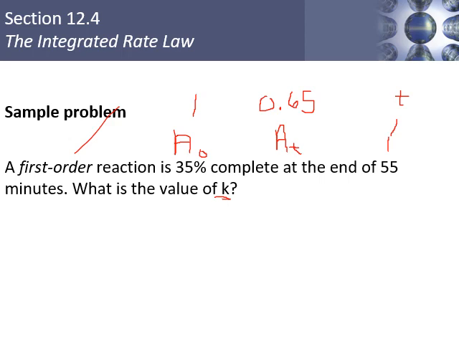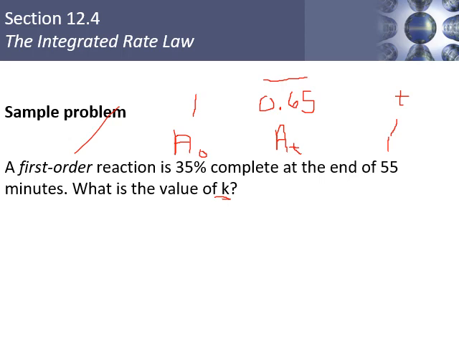But I'm just going to tell you what the rate law is. It's the logarithm of A sub t. In this case, it would be 0.65 moles per liter for A sub t, but we're just going to call that 0.65 because you can't take the logarithm of units.